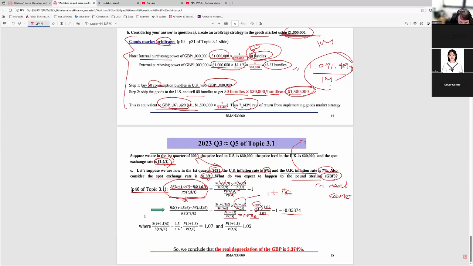So we get minus 0.05374. What is the meaning of the minus here? The meaning of the minus is that the currency in the denominator, the pound, is depreciating. So the pound has a real depreciation of 5.374% over the 1 year. Okay, so this is the answer for question 3.